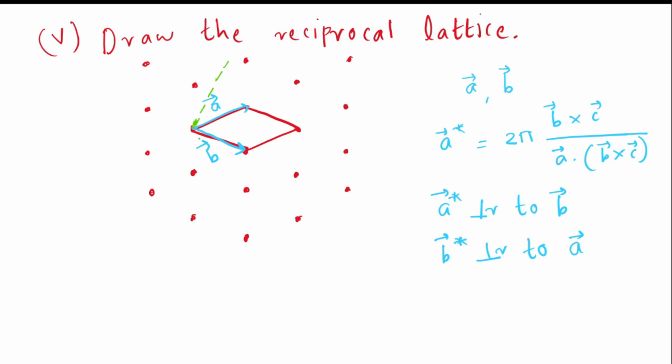And as B star is perpendicular to A, we can draw it like this.